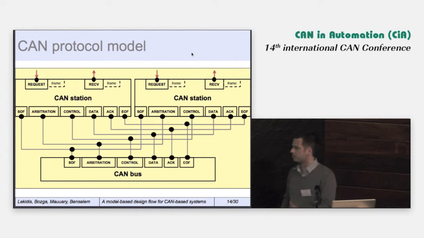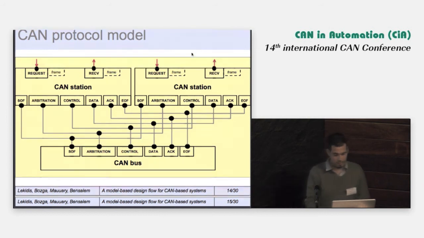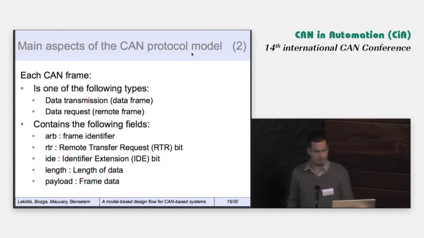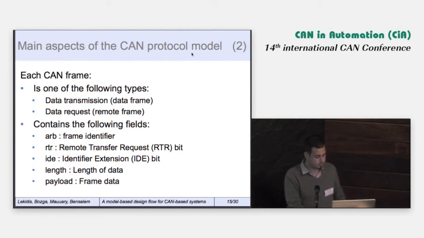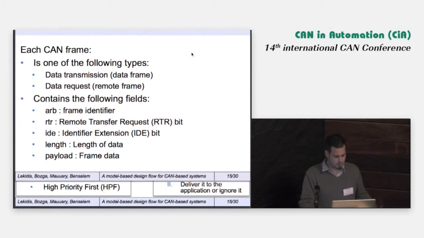When the frame is received, it will interact with the application layer in order to process it. In more detail, this particular domain that I analyzed is based on data transmission and data request, such that we can have identifiers, length, payload, whatever we want inside the transmission data inside the frame.